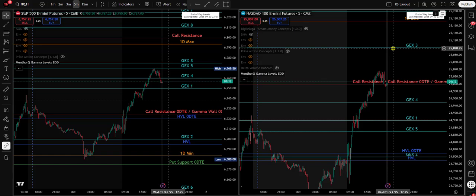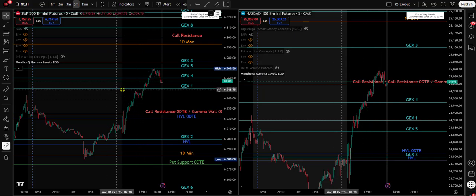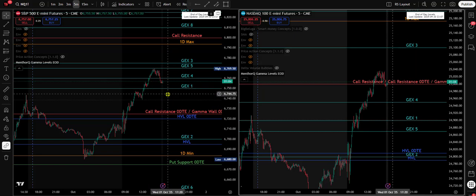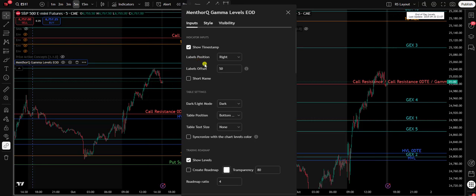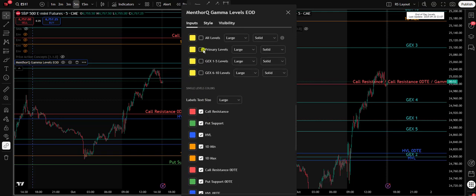Let me just go over a few of these levels here. You have JEX 1 through 5, actually 1 through 10 on the screen right here. To turn those off, you can come over here and change it to just 1 through 10 or 1 through 5 if you like. Then they'll just be yellow, and it'll just show those.